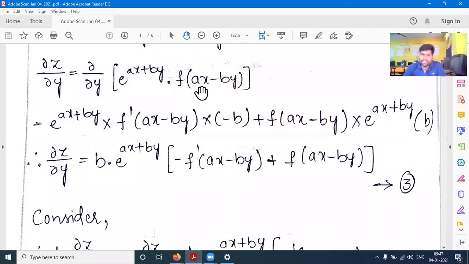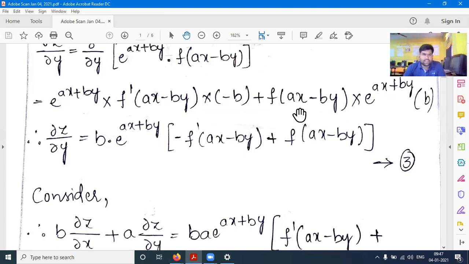With respect to y, ax becomes 0 and minus by becomes minus b, since dou y by dou y is 1. So this is minus b. Plus f of ax minus by into the derivative of e power ax plus by. Differentiating ax plus by, ax becomes 0 and by gives b into dou y by dou y, which is 1, so b.